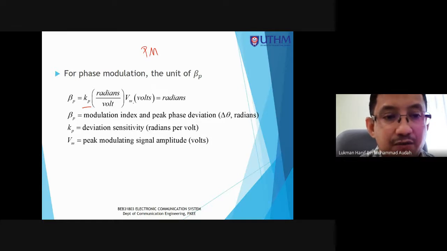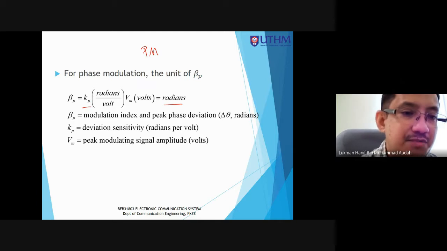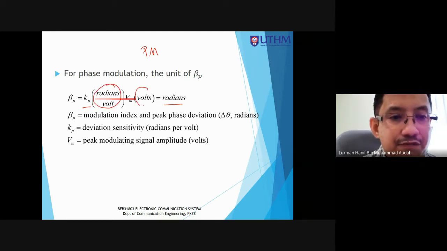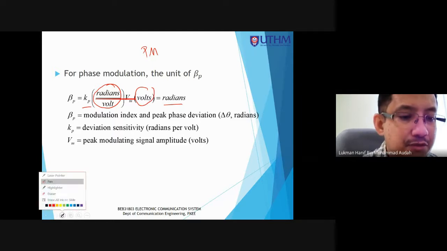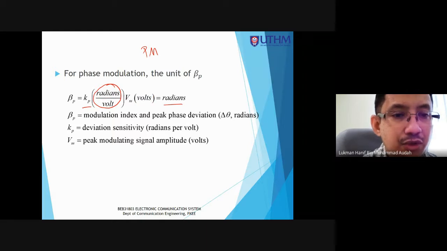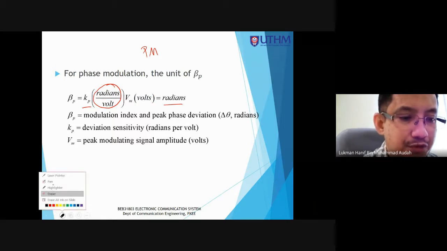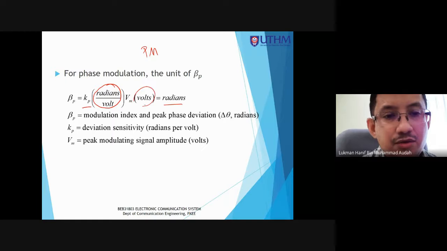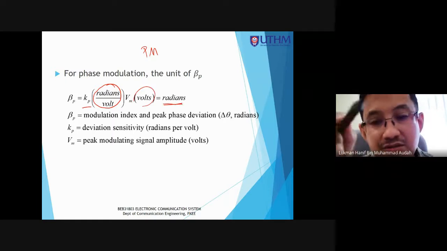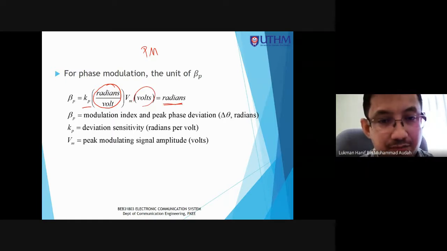You multiply with volt, so you will get radians. Ini sebenarnya unit for KP. This is the unit for VM. Okay, so maknanya radian per volt you darabkan dengan volt, so you will get radians at the output. Okay, so the unit for beta P is radians.